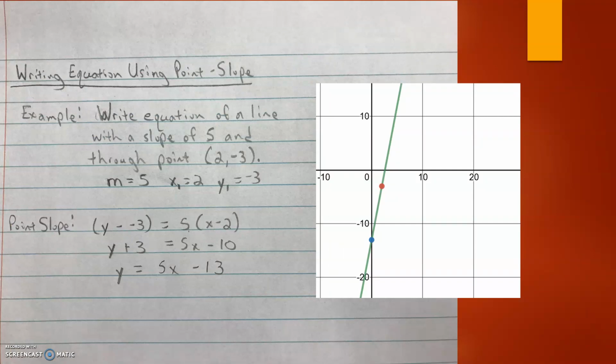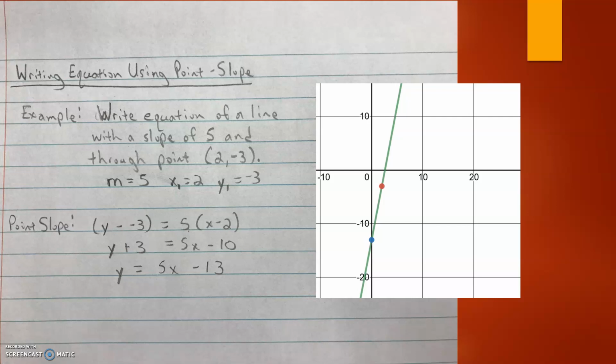Now say we don't start off with a great equation for a line, so we want to write it. This will use the point-slope formula. Write the equation of a line with a slope of 5 and through the point (2, -3). Using the point-slope formula, m is 5, x1 is 2, and y1 is -3.